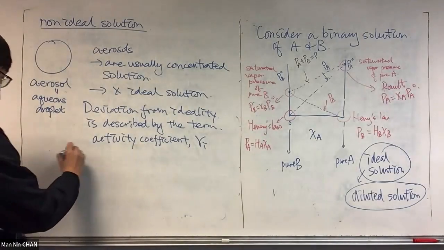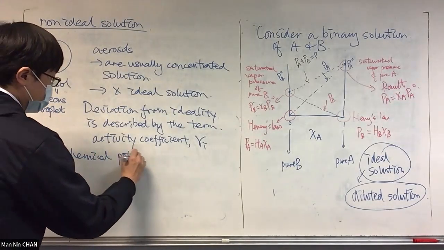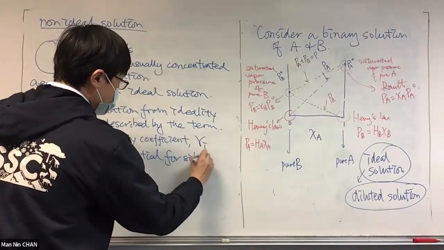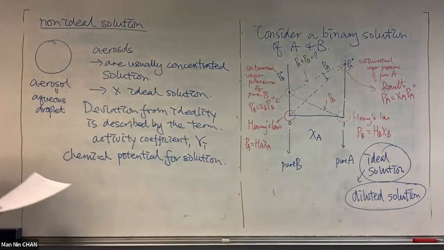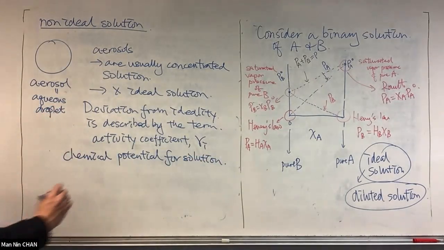So therefore, the chemical potential, the equation we are looking at now, especially for the solution. Okay. So now you need to consider this deviation from the ideality. So you will have this term.